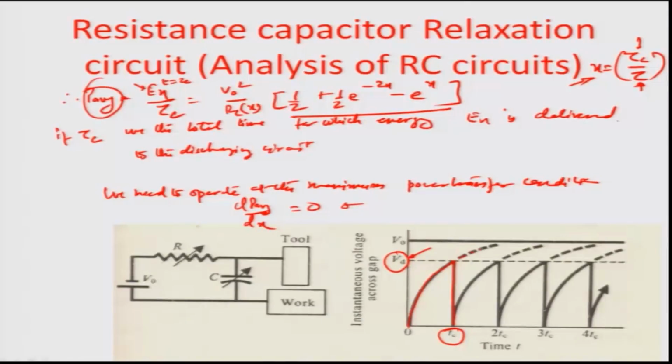So, the capacitor is not allowed anymore to charge up to its highest limit, and so there is some kind of a discharge. So, this whole time represented by red here is actually one charging time cycle. So, typically this is how the signal within the capacitor would look. So, you have a charging time and then the discharging time, and the total time there is Tc. So, you can operate the capacitor many times at Tc, twice Tc, 3 Tc, 4 Tc, and so on and so forth. So, that is how the instantaneous gap voltage across the tool and workpiece would vary, which is pretty much the voltage and how it varies across this capacitor.